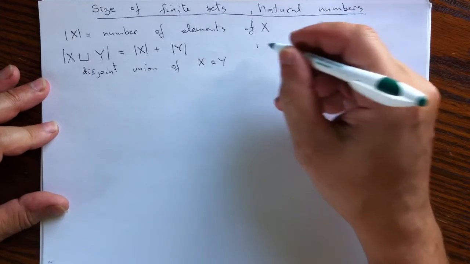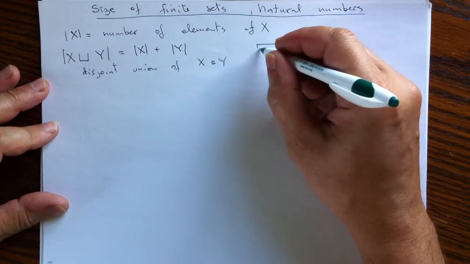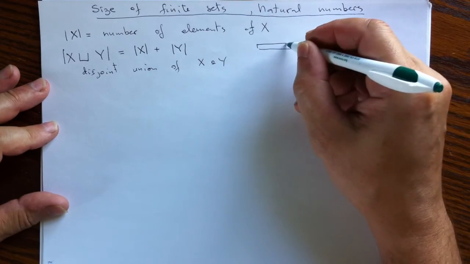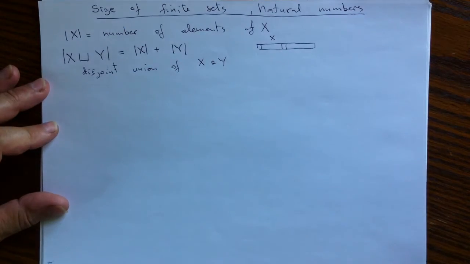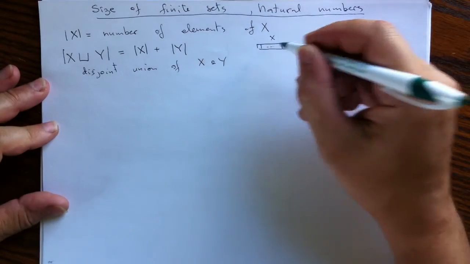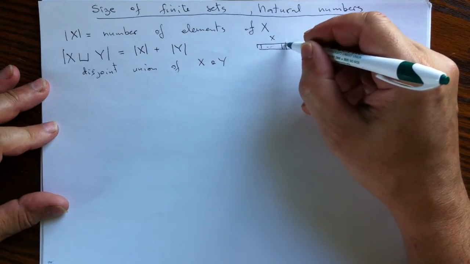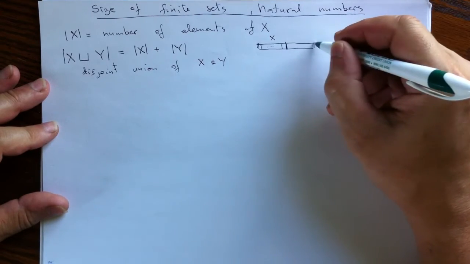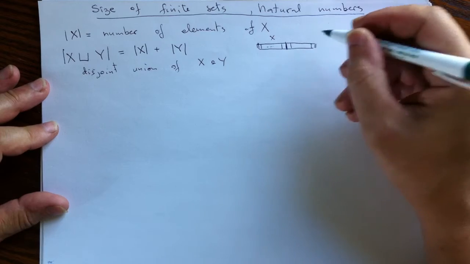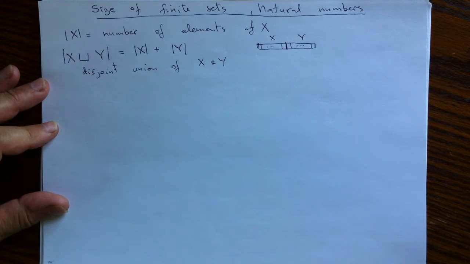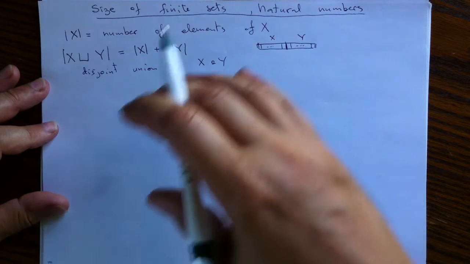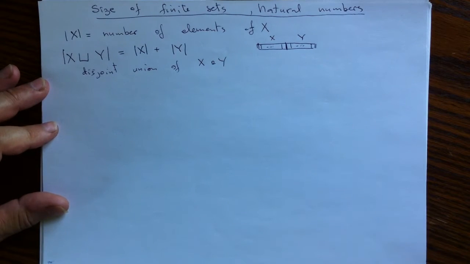Illustrating this union, we could take a set X and imagine it as a collection of cells, little boxes. We can arrange them in any way, for example in a straight line. So we have here the set X, and then we perform the union operation, which is basically stacking two arrangements of little boxes together.